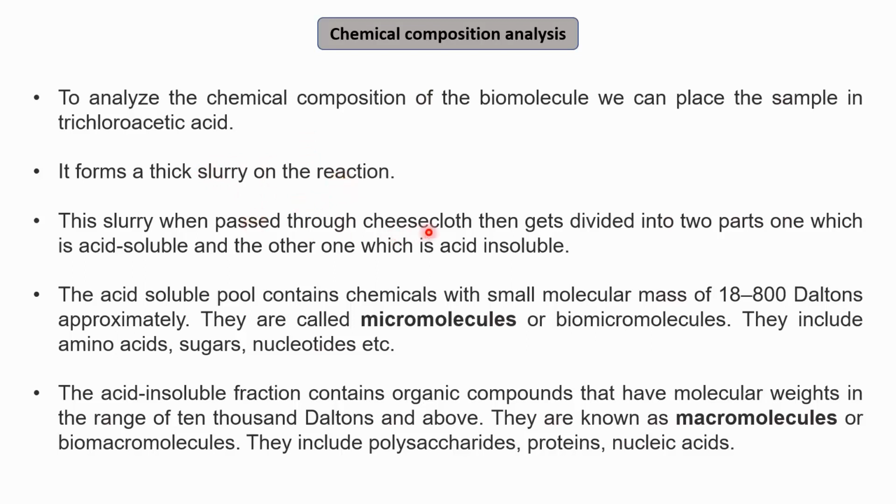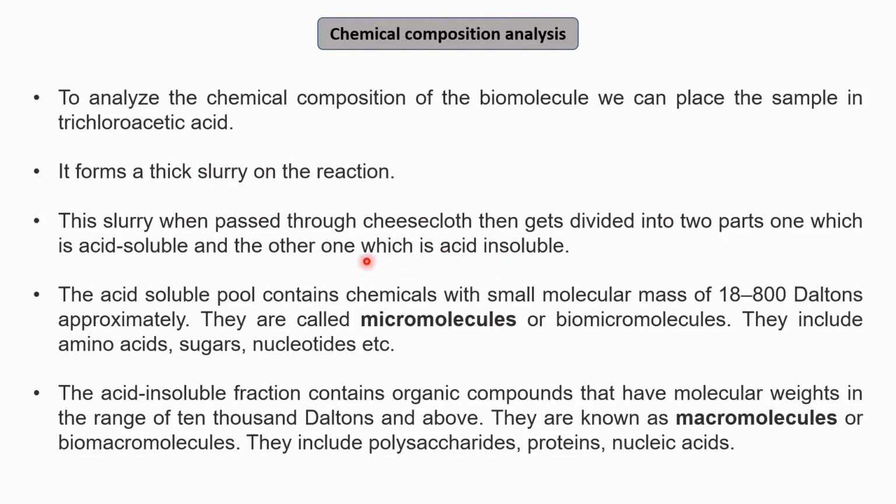This slurry is then passed simply through cheesecloth. The part which easily passes through the cheesecloth will form the acid soluble pool, which is the filtrate, while the other part which remains above the cheesecloth is known as the retentate, also known as the acid insoluble pool.